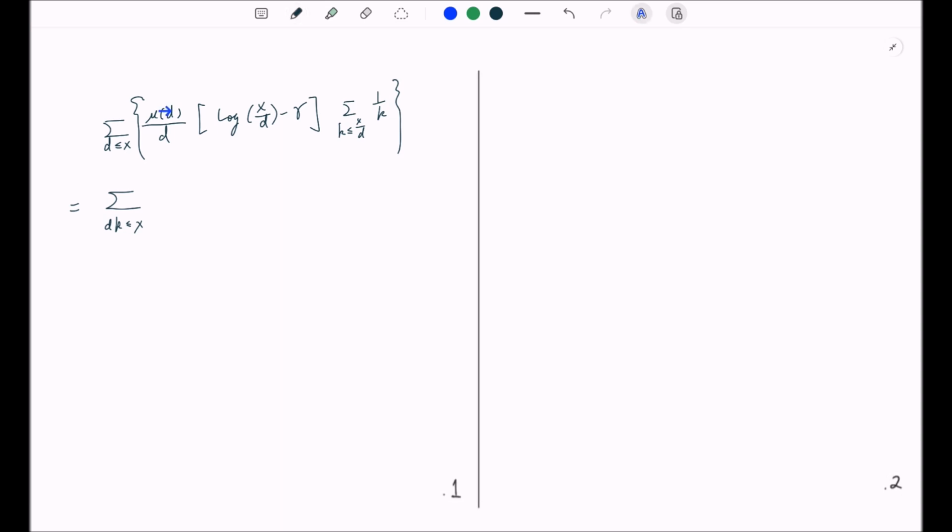And we will combine this mu of d divided by d and 1 over k. And next, we're going to do a change of variable. Let n equal to d times k.